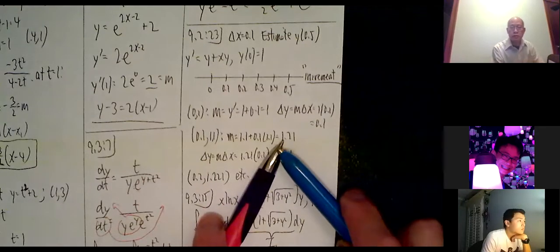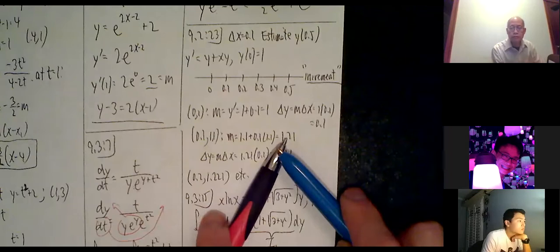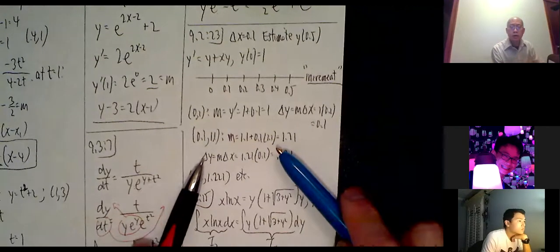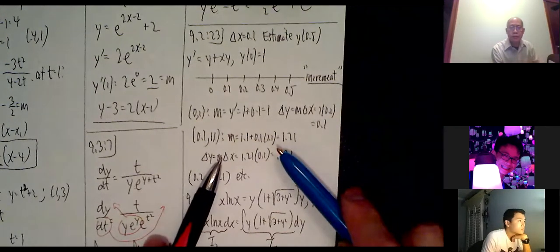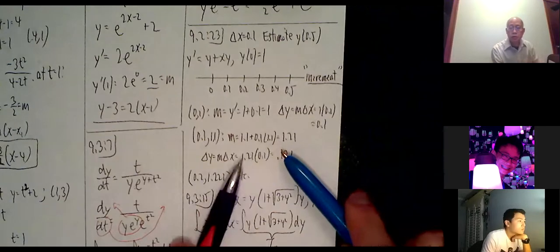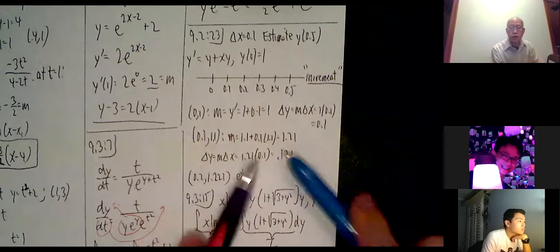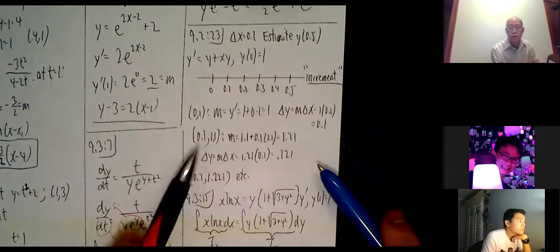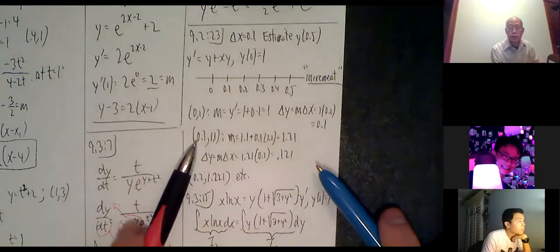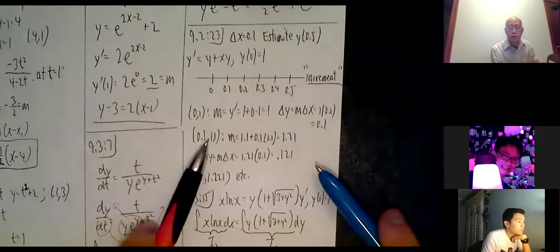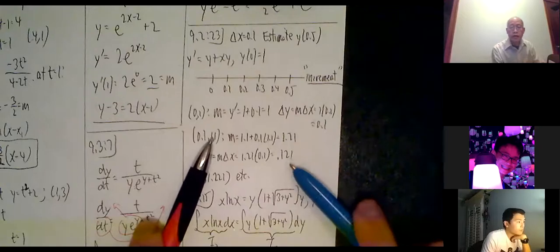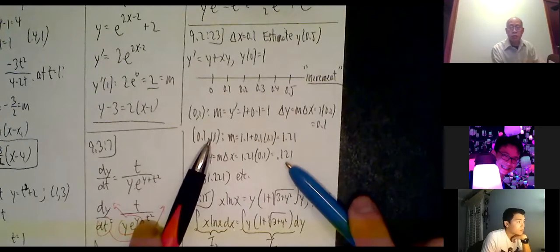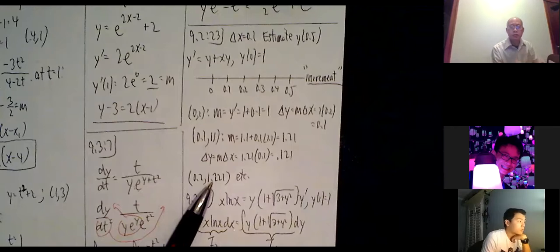So that's my new slope. Delta y equals m delta x. So 1.21 times 0.1 is 0.121. So the new point is x equals 0.2. Take the old y, add delta y, 1.1 plus 0.121 is 1.221.